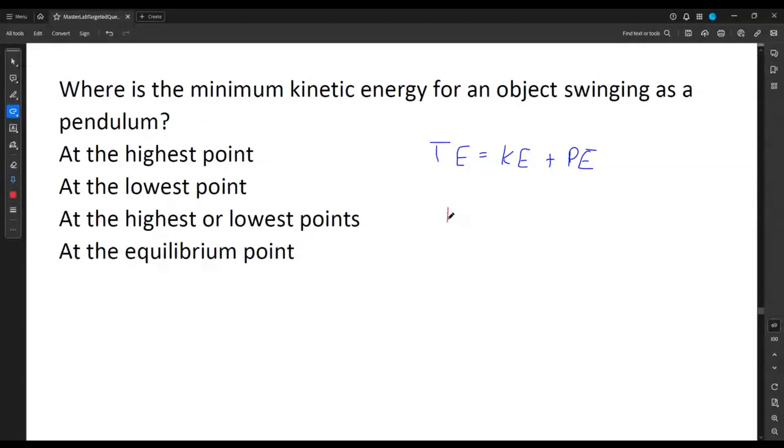So if I want minimum kinetic energy, so my kinetic energy is 0 at the very beginning when I draw it back, that's whenever it has maximum potential energy. Thinking about where the potential energy comes from with the pendulum, that means that it's raised up as much as possible. So minimum kinetic energy is going to happen at the highest point.